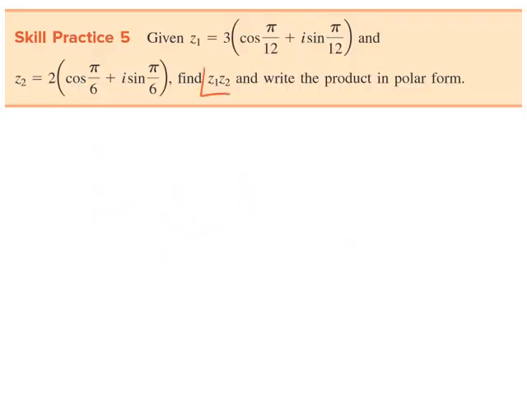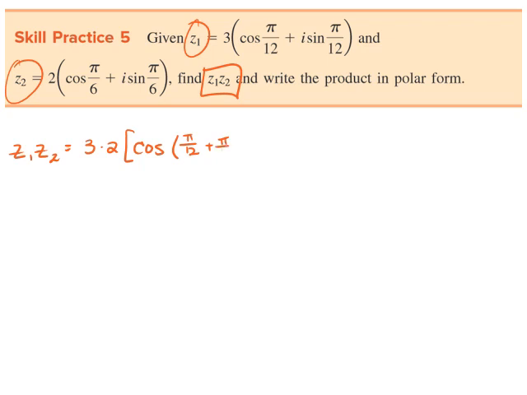Okay, let's try this one. Same thing. I have two complex numbers in polar form, and I want to find the product. So z1 and z2 become 3 times 2 times cosine of, we're going to add the thetas and multiply the r's. So pi over 12 plus pi over 6.